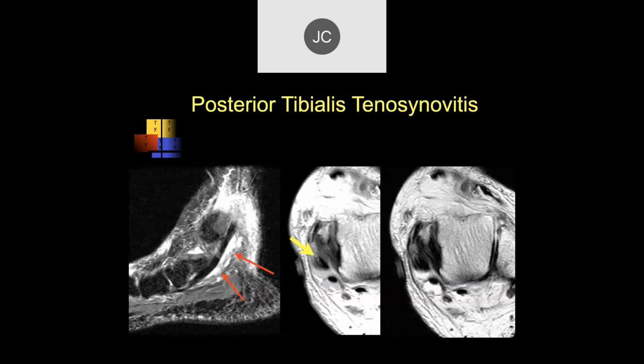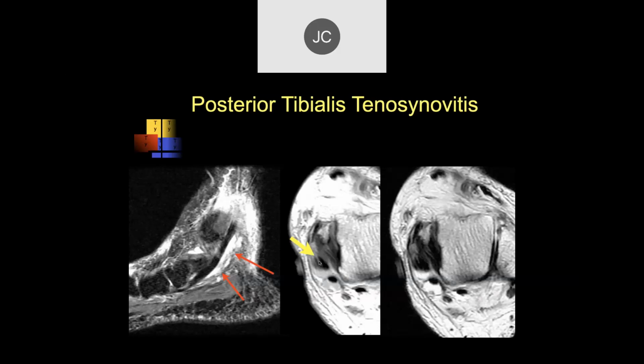And this is typically what you see with posterior tibialis tenosynovitis, where you get an inflammatory reaction, probably due to the collagen disruption within the tendon, which then leads to display of abnormal portions of molecules within the tendon, which leads to inflammatory response and inflammation and tenosynovitis.